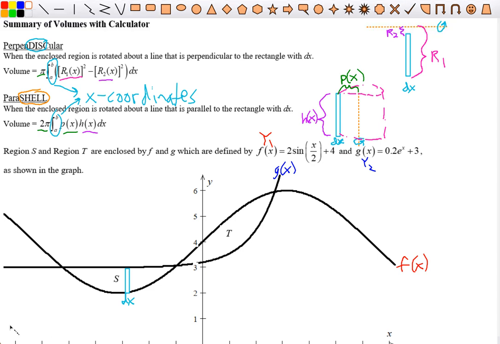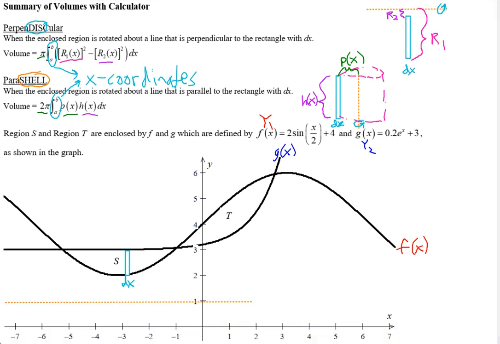So y = 1 gives us this horizontal line right here. Put a little circular arrow, we're revolving around that. So notice the rectangle and the axis of revolution are perpendicular, so it's the disk method.